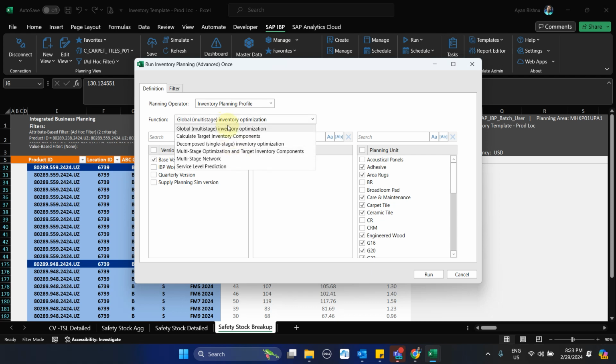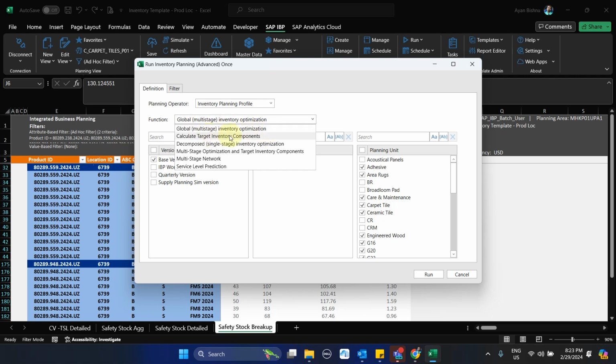But we are not getting into all this. At this point of time, we will run a global stage multiple inventory optimization so that we run an IO across the entire network but on finished goods.